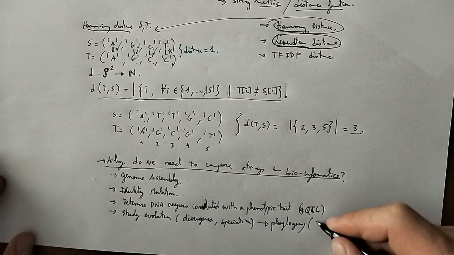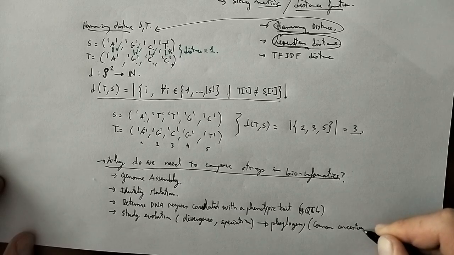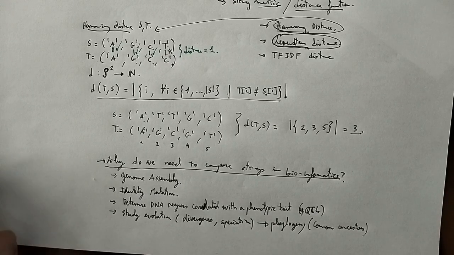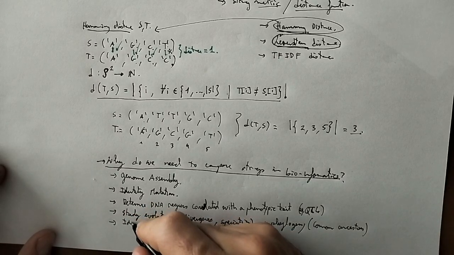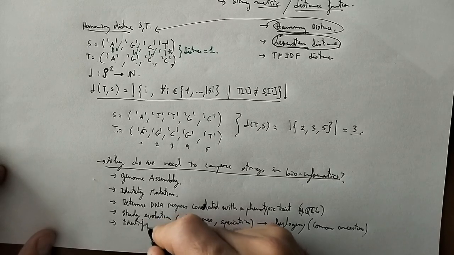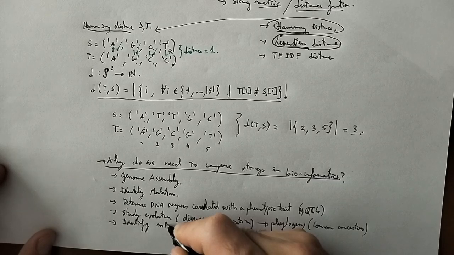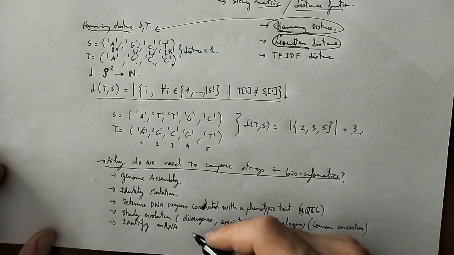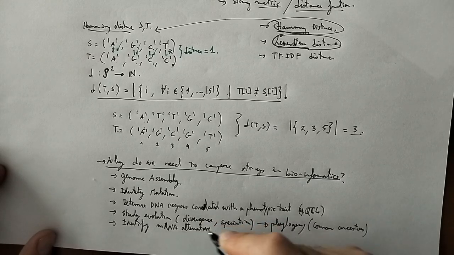Which means to find the common ancestors between genes or between two species, for example. It can also be useful to identify mRNA alternative splicing.